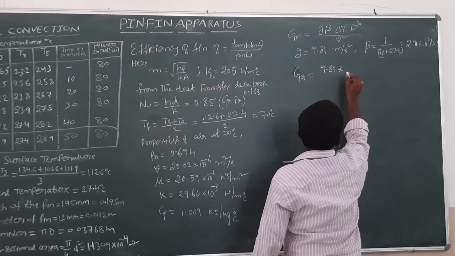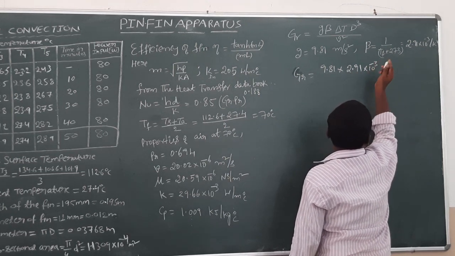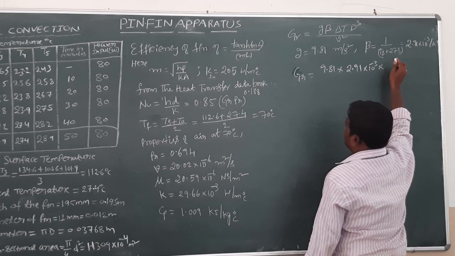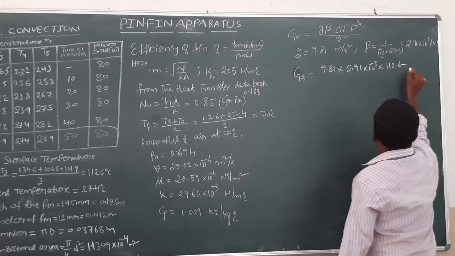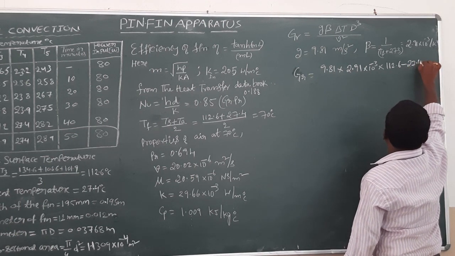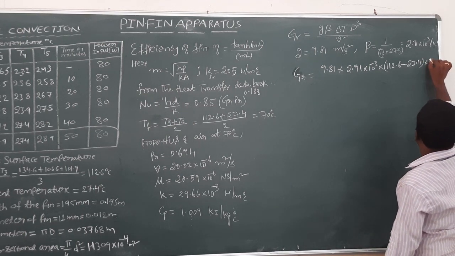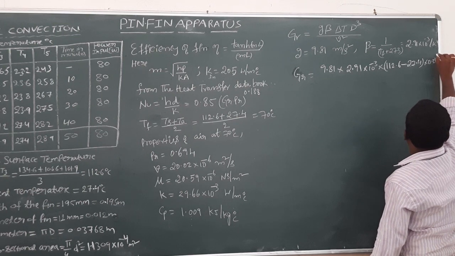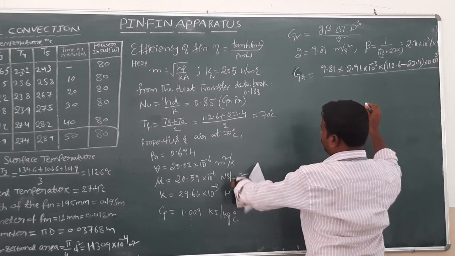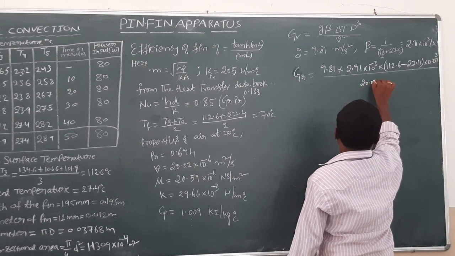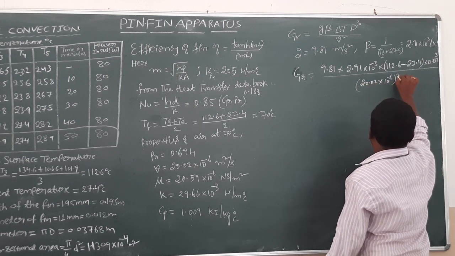9.81 into 2.91 into 10 to the power of minus 3 into surface temperature 112.6 minus 27.4 into diameter 0.012 whole cube, divided by nu square, 20.02 into 10 to the power of minus 6 whole square.